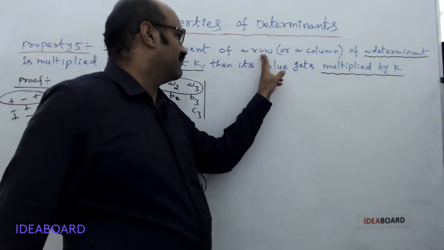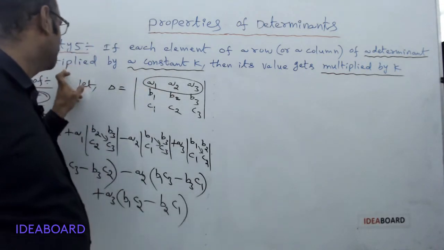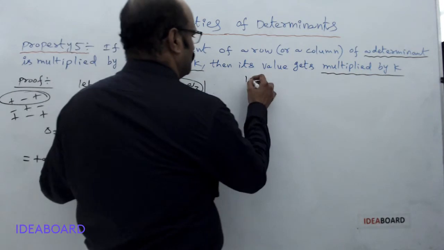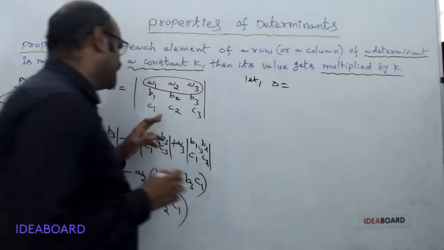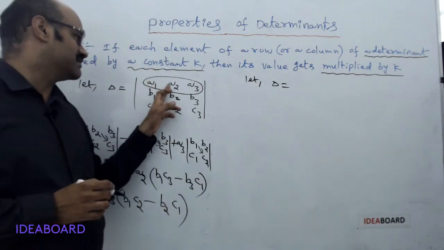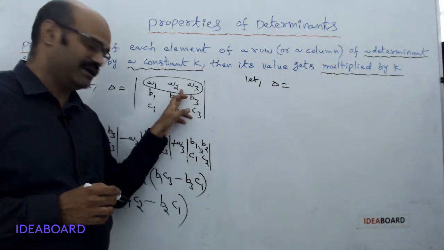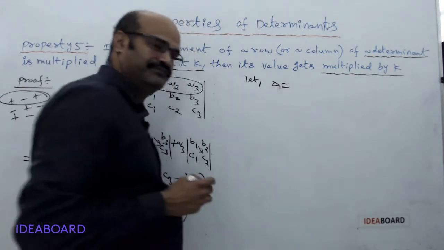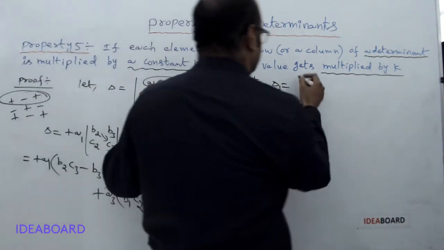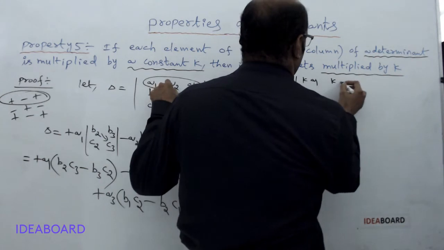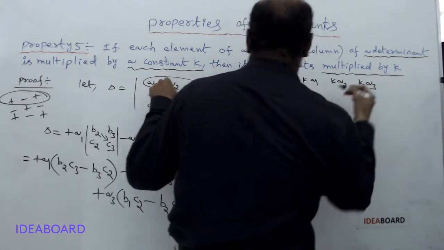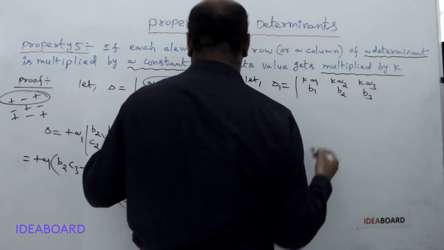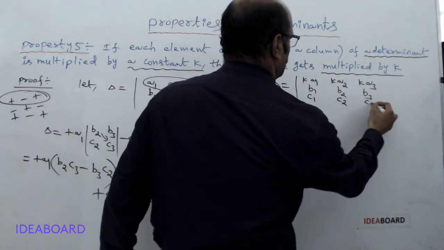Now each and every element of a row of a determinant is multiplied by a constant k. Let delta 1 equal to, by multiplying all the elements of R1 by the constant k, we get delta 1 equal to ka1, ka2, k into a3, b1, b2, b3, c1, c2, c3.